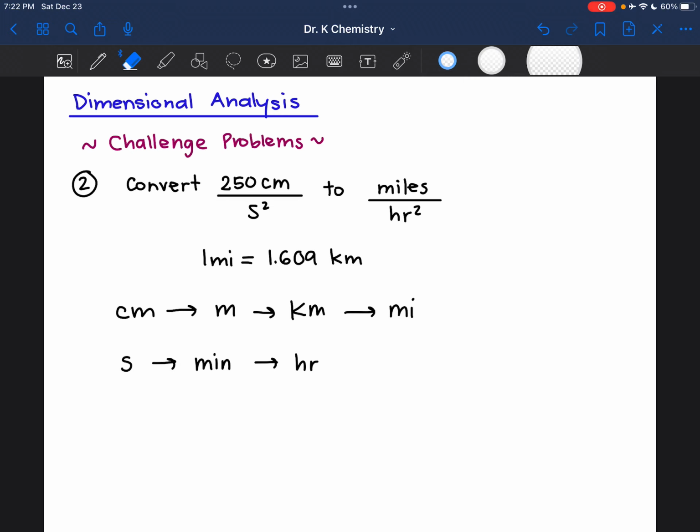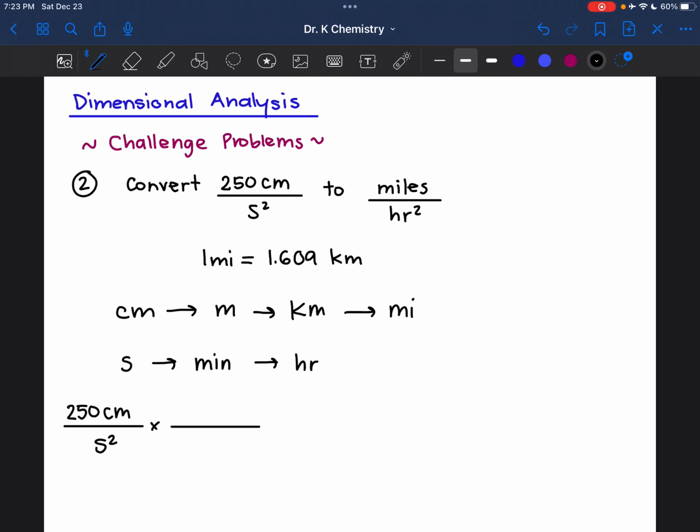Okay, so I'm going to start with the 250 centimeters per second squared. And you could work either with the time unit or with the length unit. It doesn't matter where you start, but I recommend keeping each one separate.